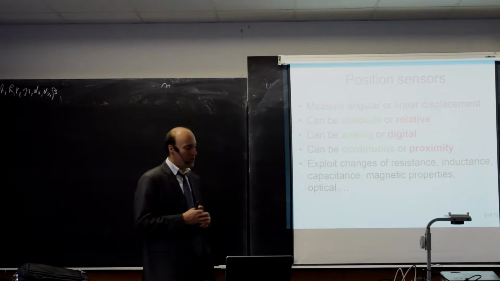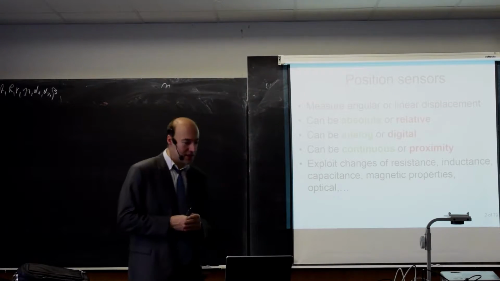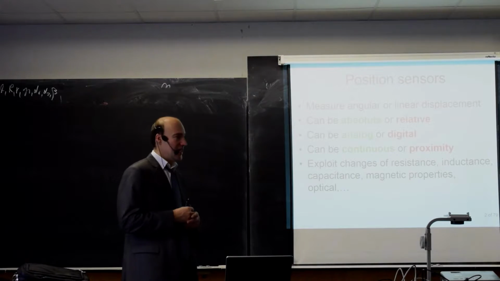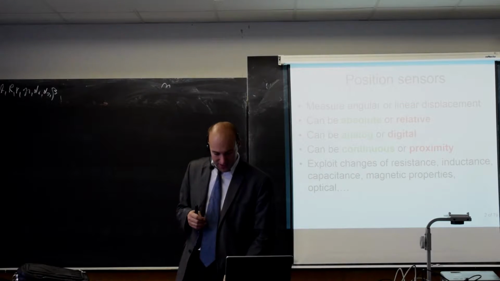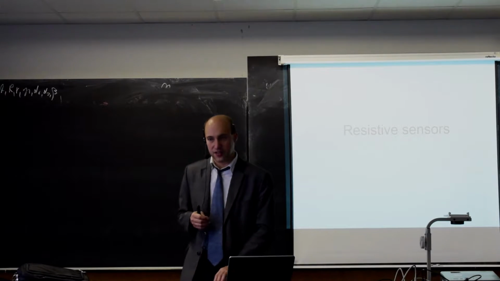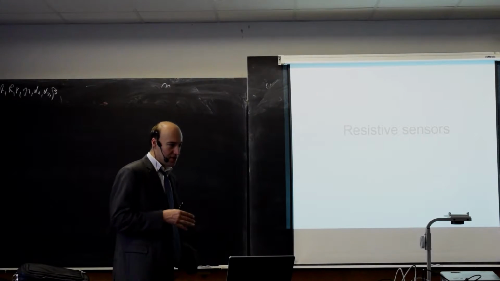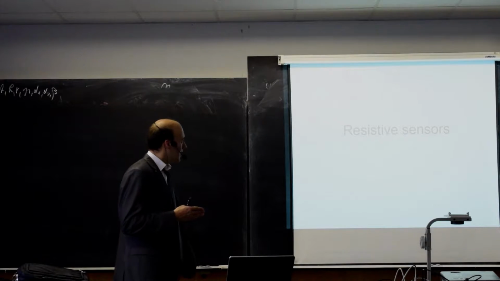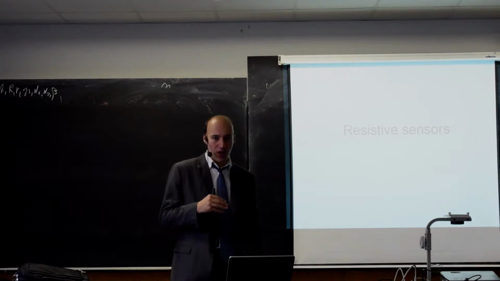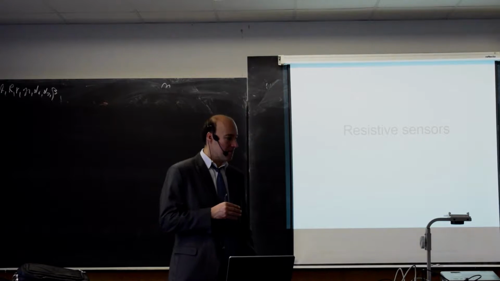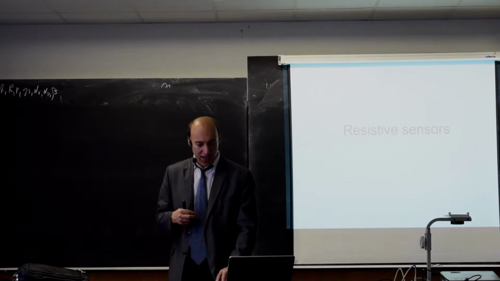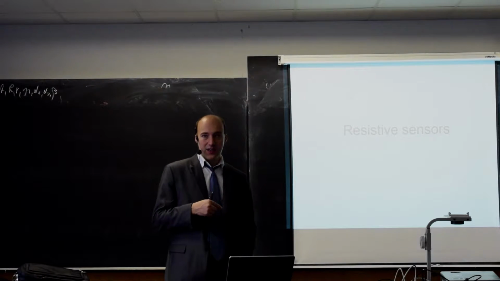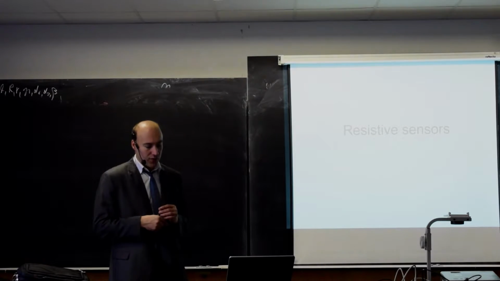So those are the basic principles, those are the most common ones, but there are many others which you can use for specific applications. We will start with resistive sensors. Resistive sensors will change resistivity of something in the sensor, and we'll read either the resistivity or we will read the voltage that will eventually come out from this sensor.